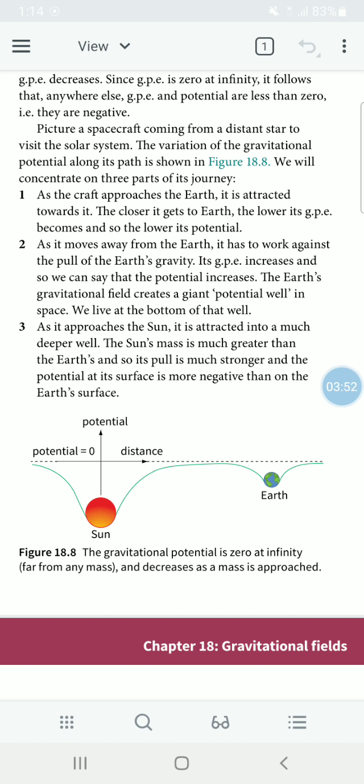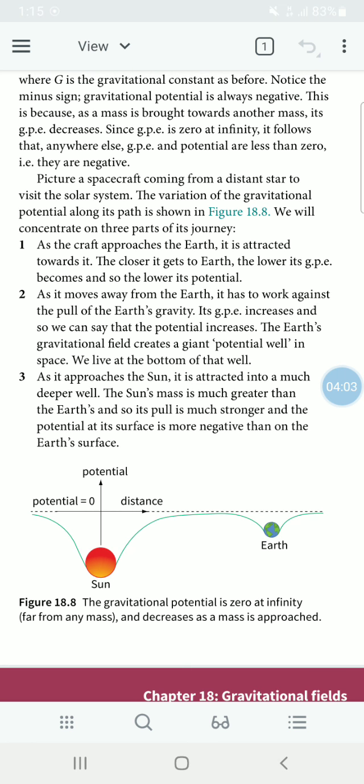Now the gravitational potential is 0 at infinity, far from any mass, and decreases as a mass is approached. Number one, as the craft approaches the Earth, it is attracted towards it.